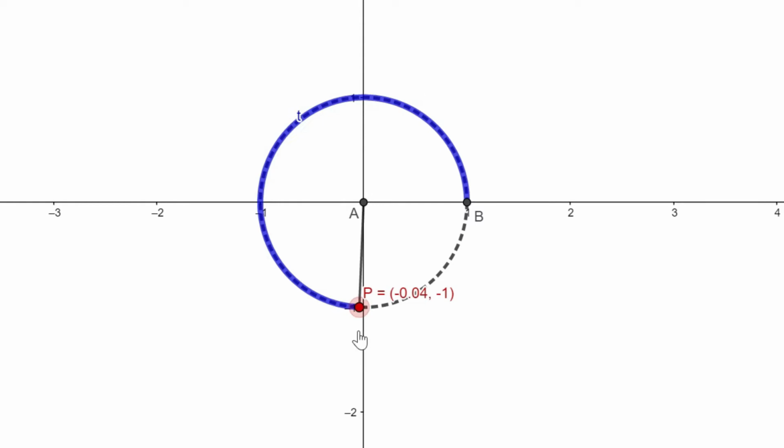And it's the same with 3 pi over 2. When our arc is 3 pi over 2, y over x is 1 over 0, again undefined. So we will not include 3 pi over 2 in the domain of your tangent function. Whenever we are approaching the vertical axis, we will skip it.